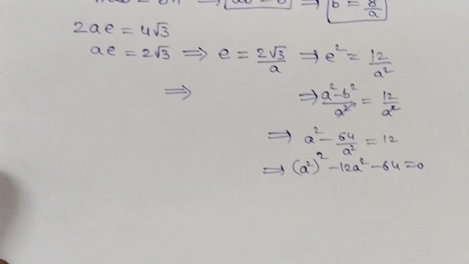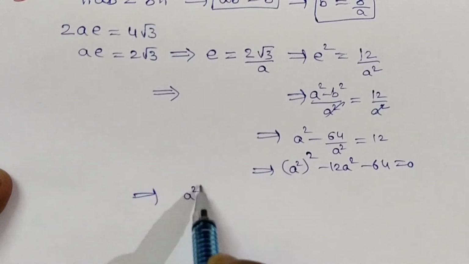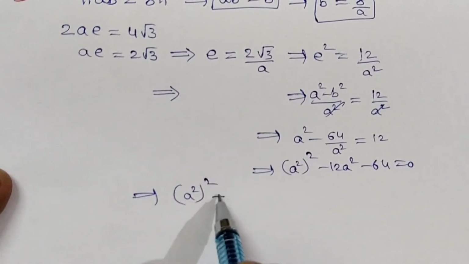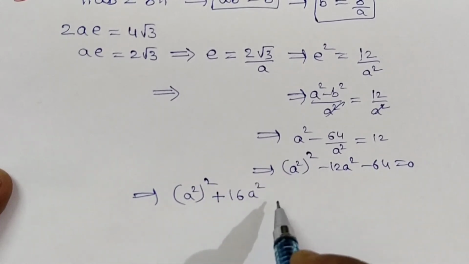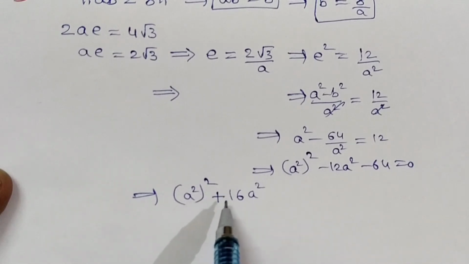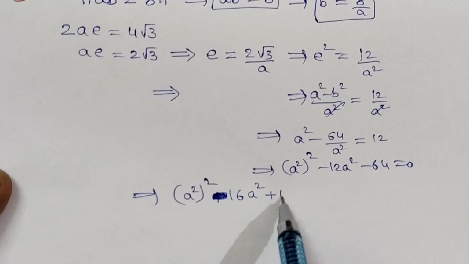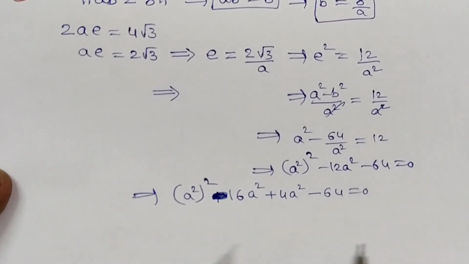Now factorization, you do that. So A square whole square plus 4A square, minus 16A square minus 64 equal to 0.